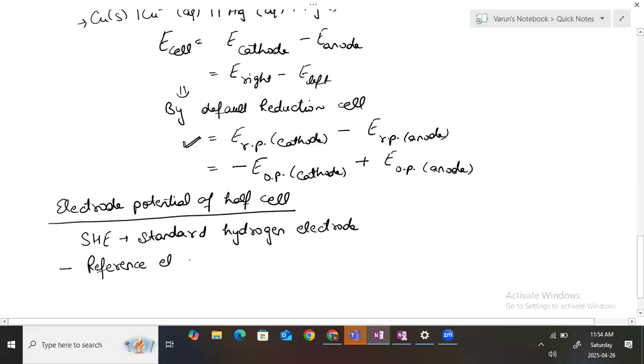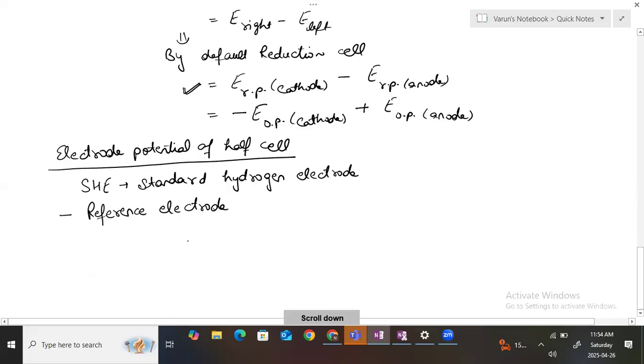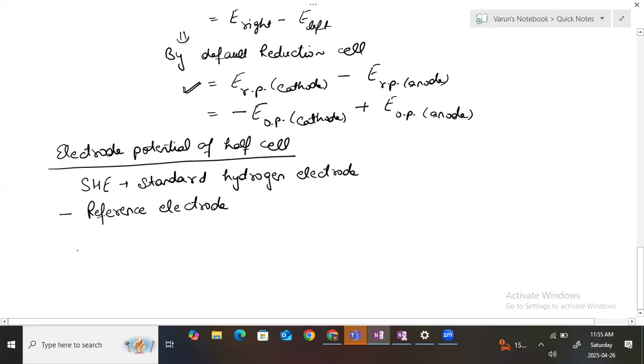Why do we use it as a reference electrode? Because hydrogen has a potential of 0. It means E for hydrogen is always 0 at all times. Got it?